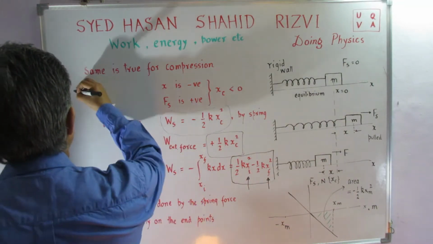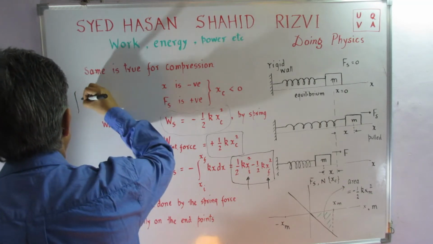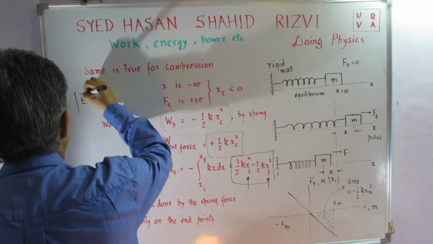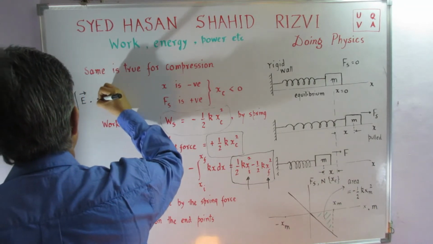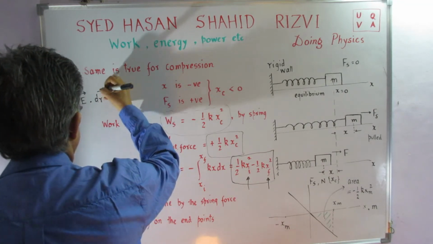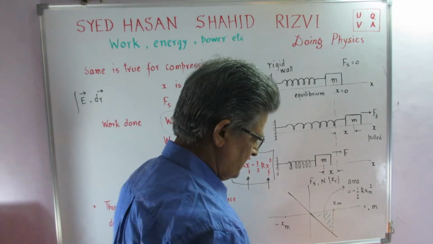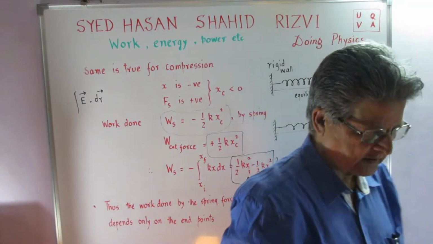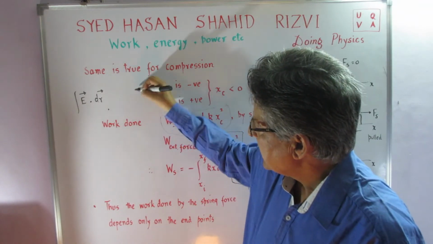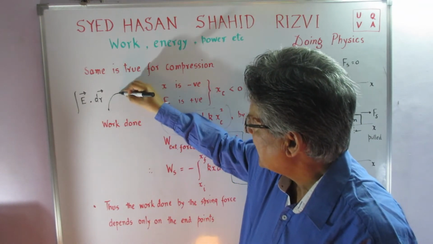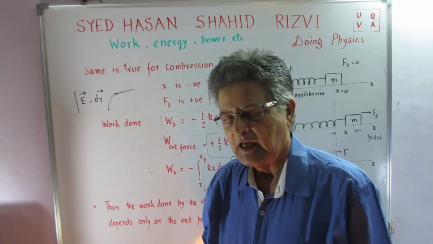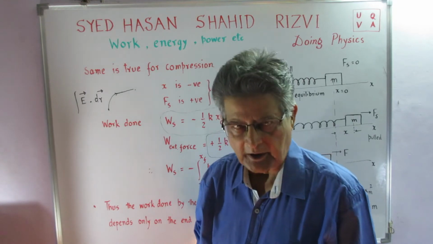And here E is not a force, E dot dr. So if it is in the direction x, it will be E dot dx, E dot dy in direction y, E dot dz in direction z, and in any arbitrary direction from one point to another point, if we move on any path and integrate this, then it is said that it is path independent.